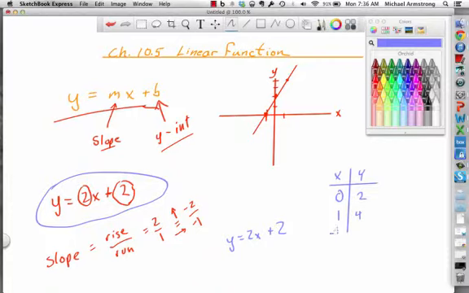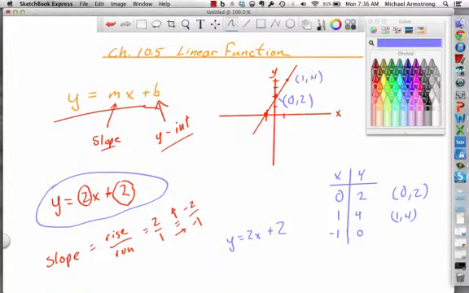And if we were to put in a negative 1 here, 2 times negative 1 is negative 2, and negative 2 plus 2 is 0. So that's our point. And we have this point, which was 0, 2, which was this first one. And we have our second point, which is 1, 4, which is this one. It's over 1 up 4.